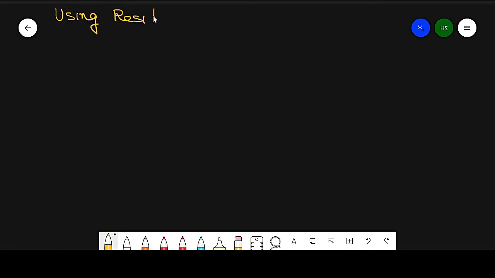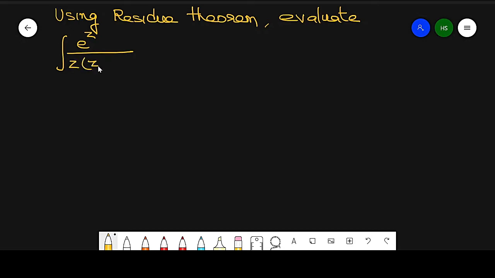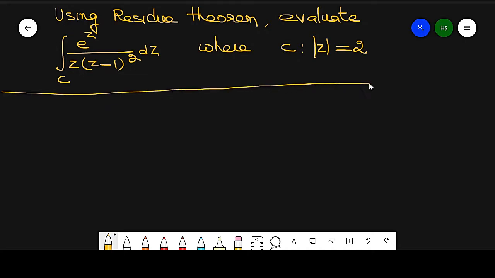Using the residue theorem, evaluate the integration of e raised to power z over z into (z minus 1) raised to power 2, dz around C, where C is modulus of z equal to 2. So it means it is a circle with origin 0 and radius 2.